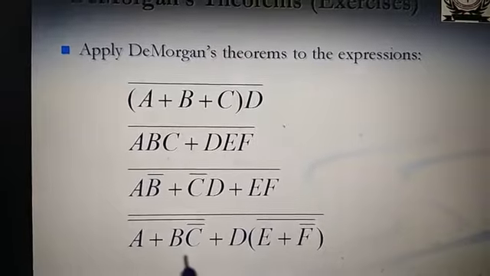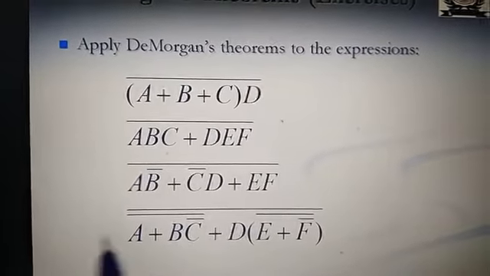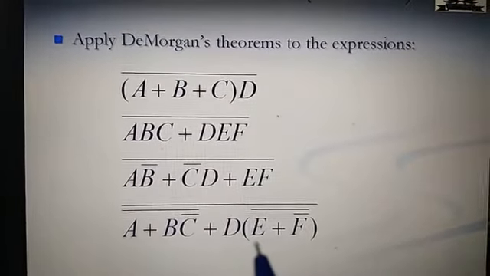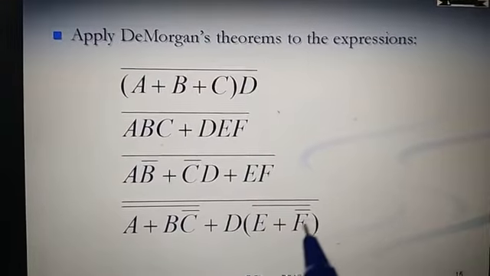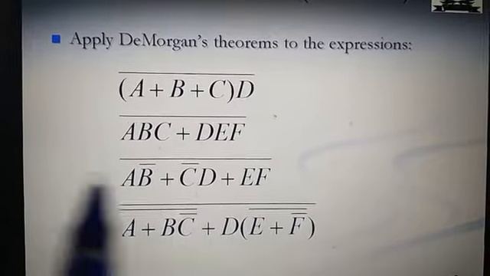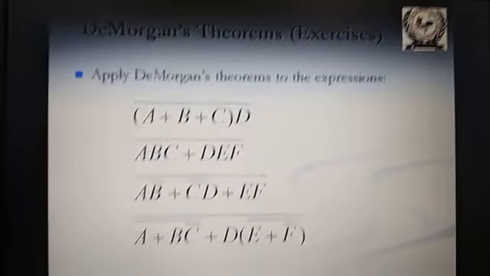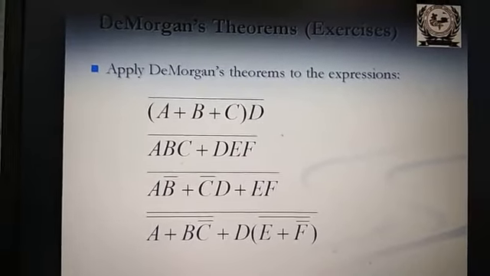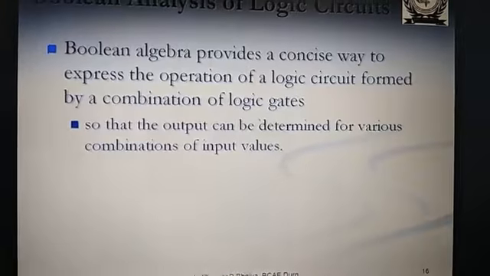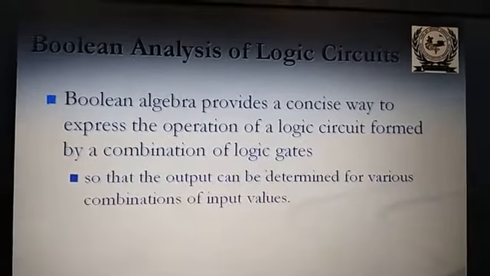Again here a plus b c bar whole bar plus d into bracket e plus f bar bracket whole bar and whole bar. So this type of expressions can be simplified by using the De Morgan's theorem.